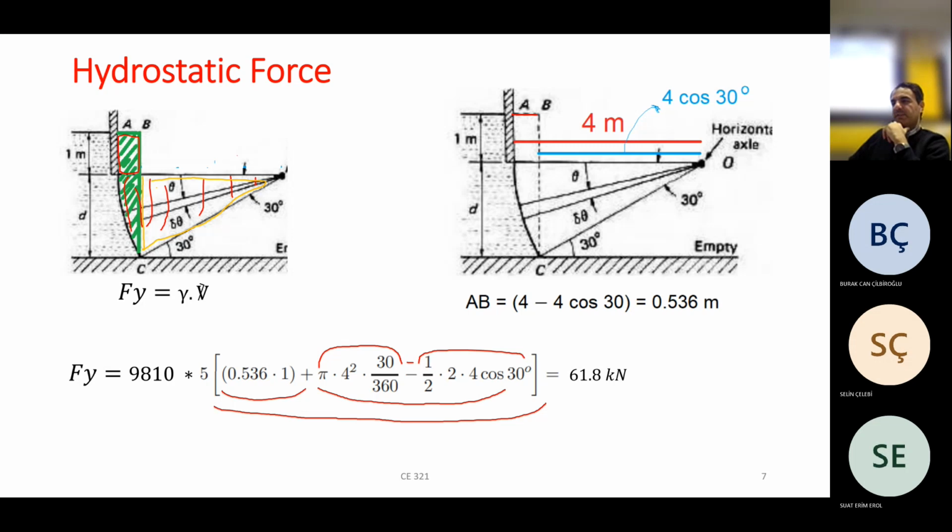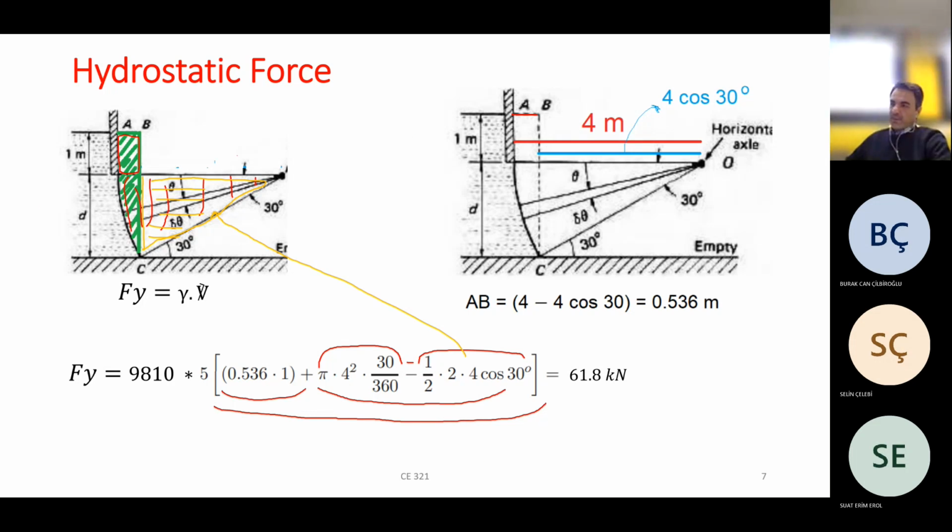And this orange part is nothing but a triangle with the side of 4 cosine phi, this value, and base of d, 2 meters, divided by 2. Therefore, this part shows my rectangle area.